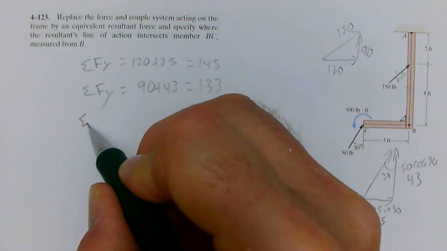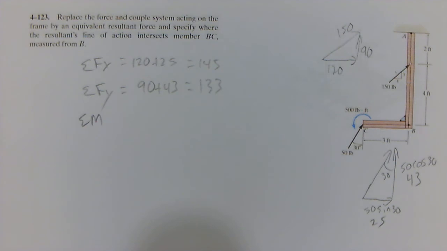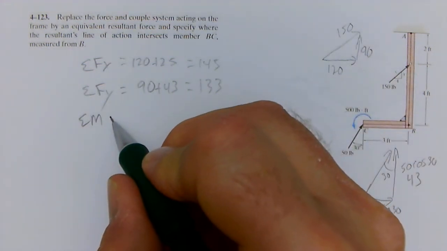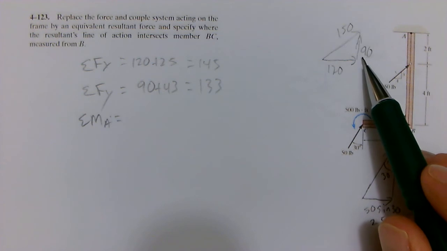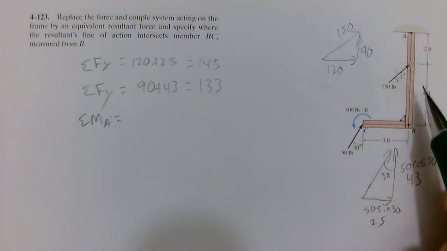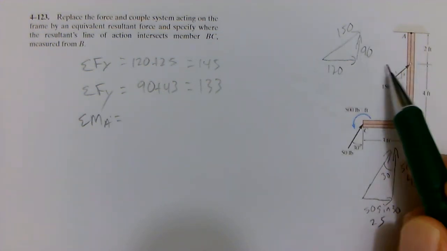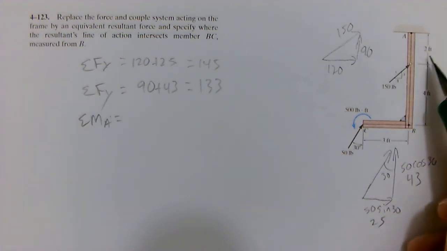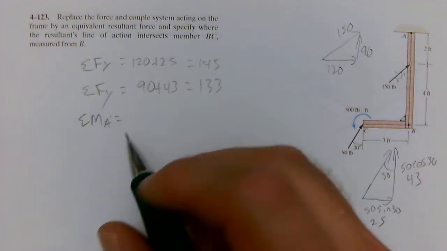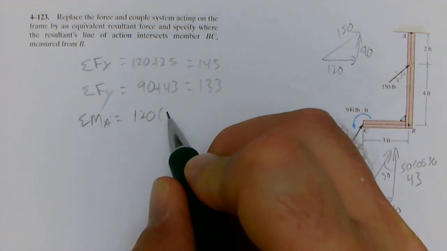And we'll sum the moments about, go ahead and sum about A. So the 90 goes up through A, 120 there, so 120 times 2 will cause a positive rotation. So 120 times 2.